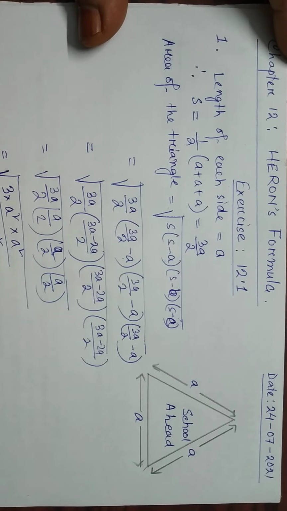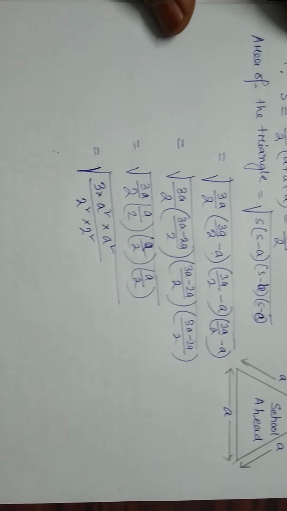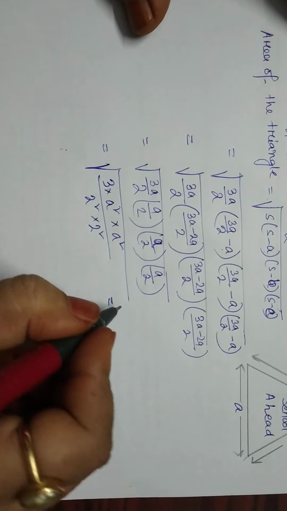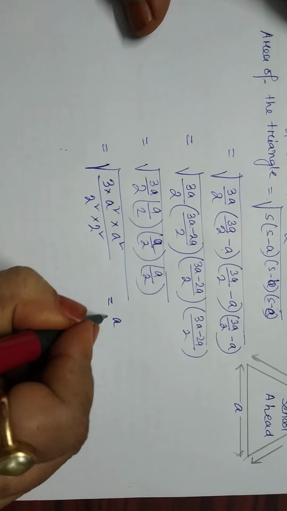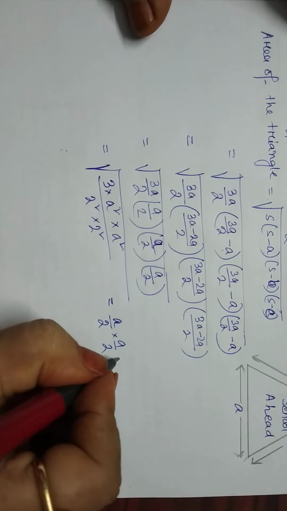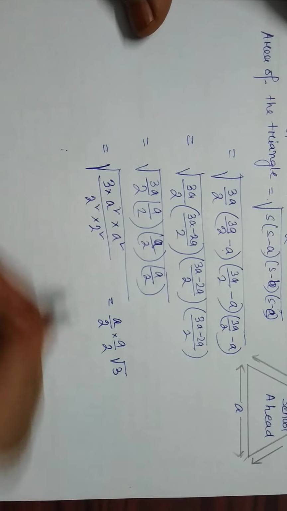Now this means what? A square, A by 2 into A by 2, and here square root of 3.